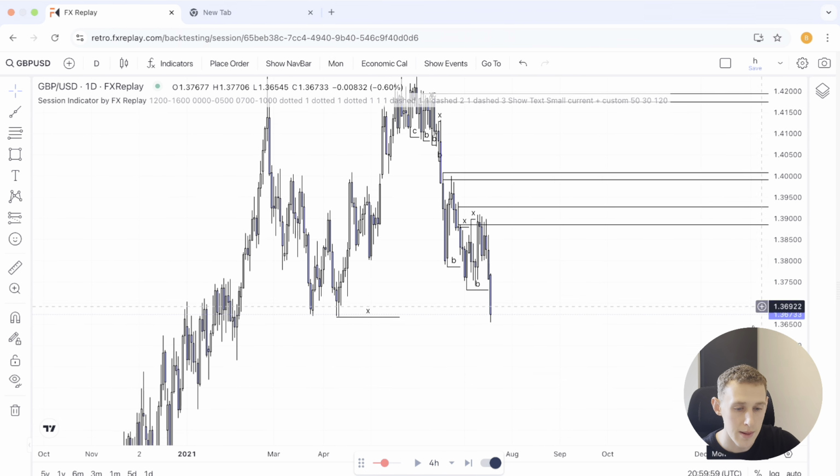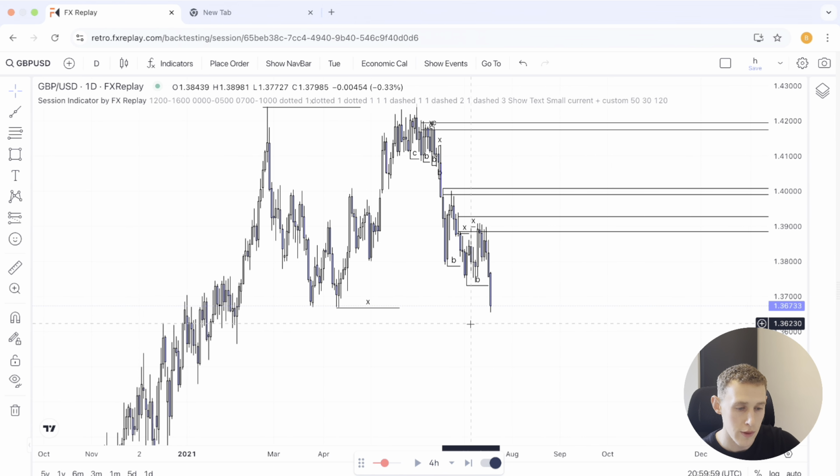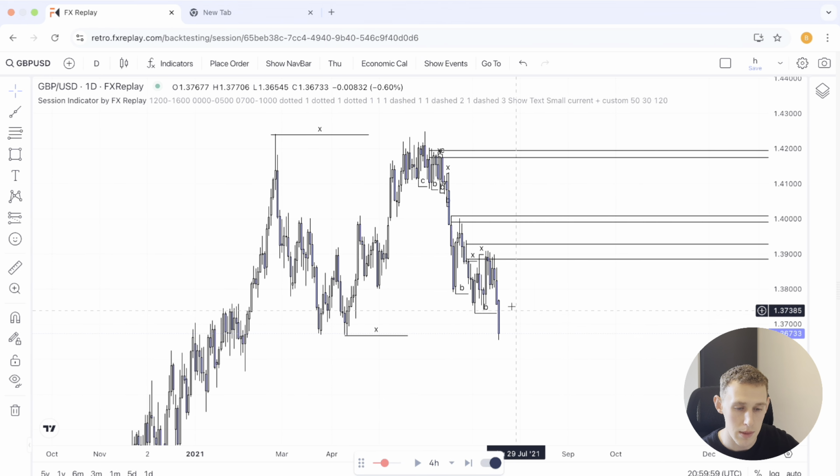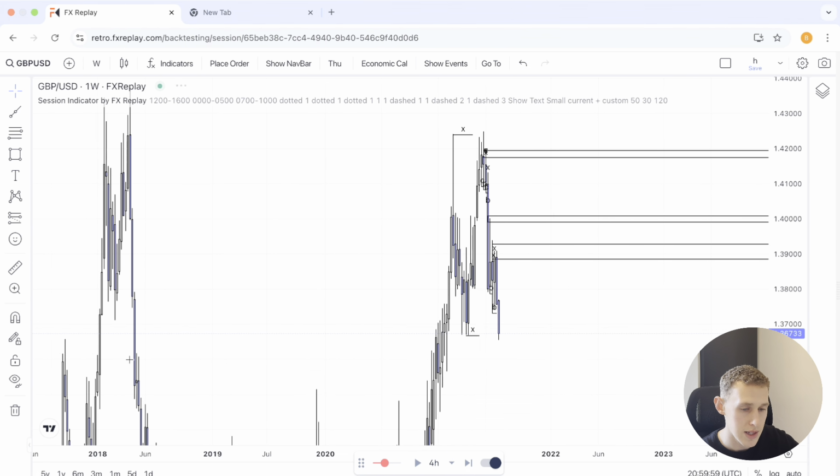So what I'm thinking here, we've had this big sell-off, we've grabbed opposing liquidity. I'm going to be mindful here, because even though higher time frame is bearish, we could maybe start to see a bigger pullback on the daily, maybe back up to this sort of supply to fill in the daily imbalance, based on the fact that that higher time frame liquidity was taken out.